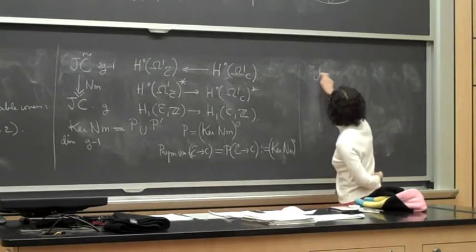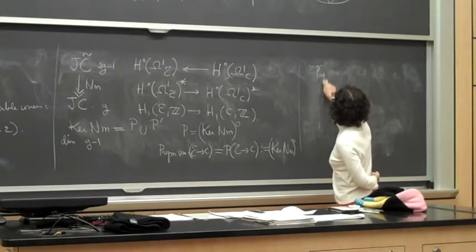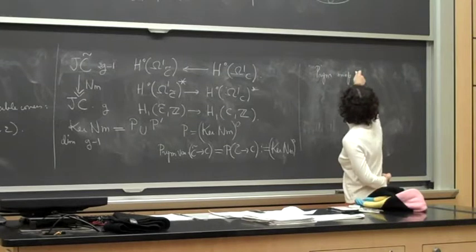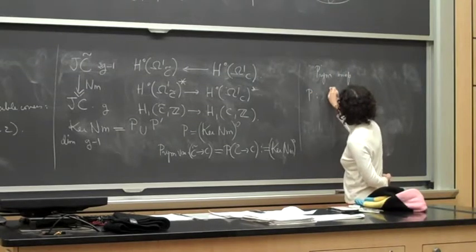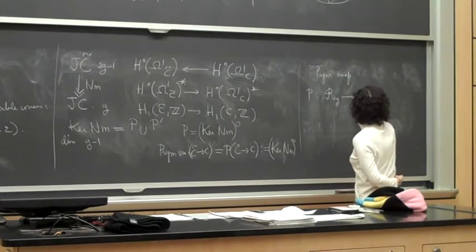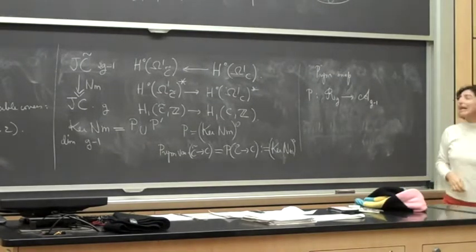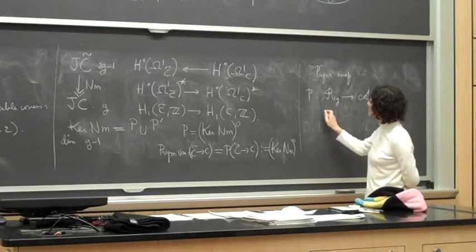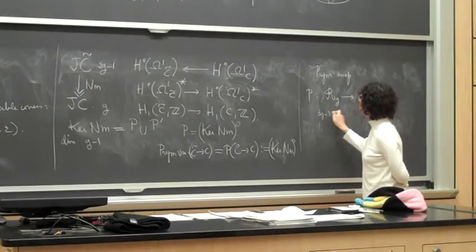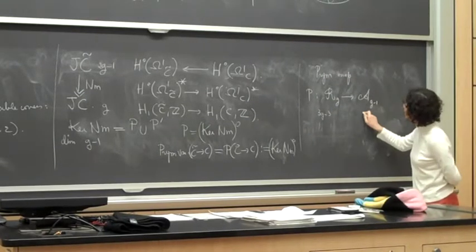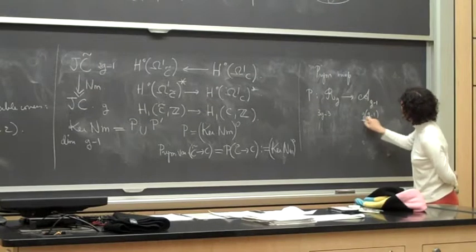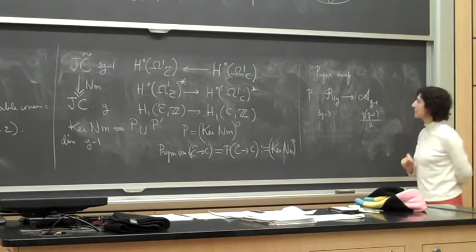So you get a Prym map, P from R_G to A_{G-1}, right? And now here, this one has dimension 3G minus 3, and this one has dimension G(G minus 1) over 2.